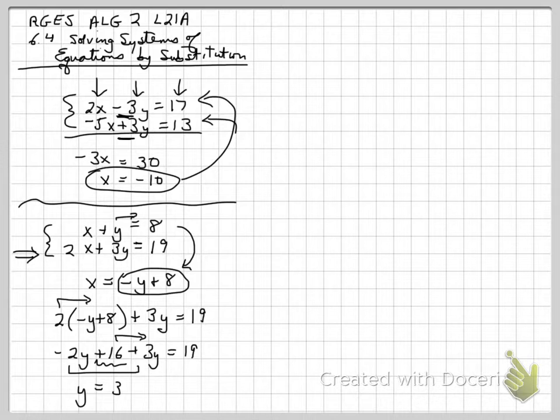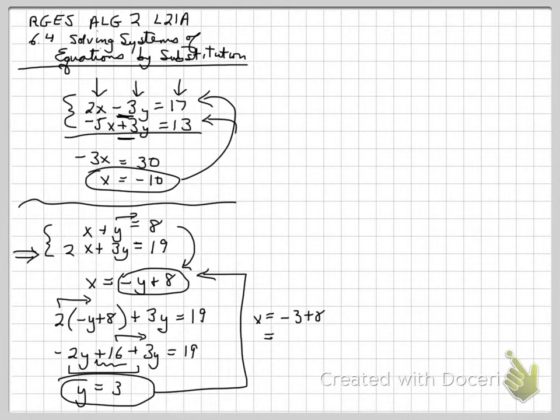And we're halfway there. Now we go back to find my x. I will go back to the expression, and x equals negative 3 plus 8, or positive 5. So my answer will be 5, 3.